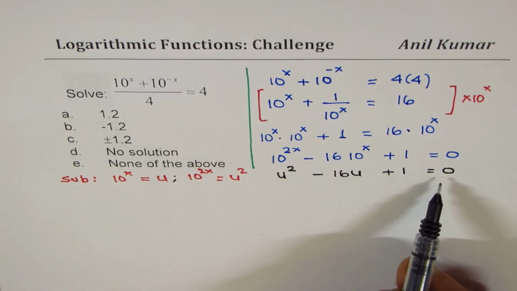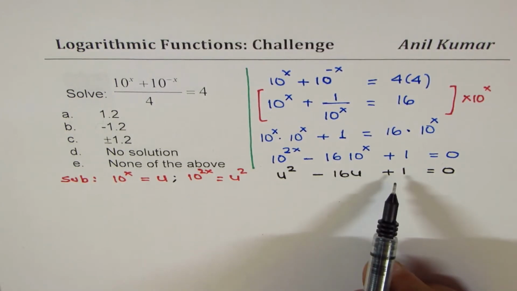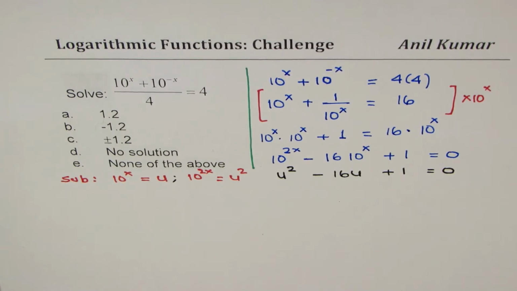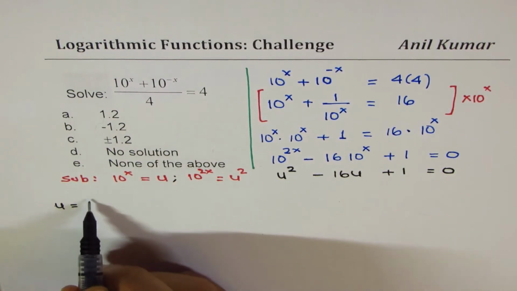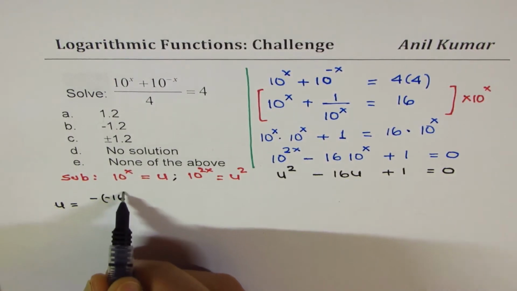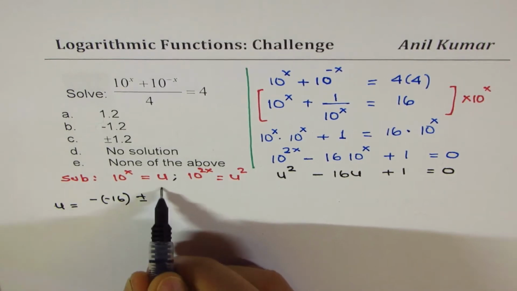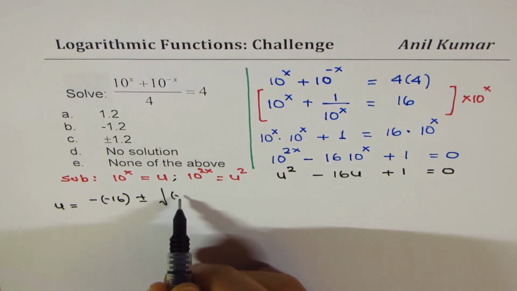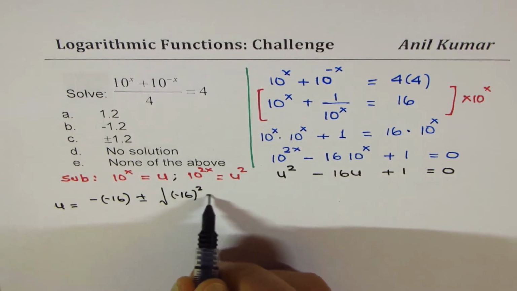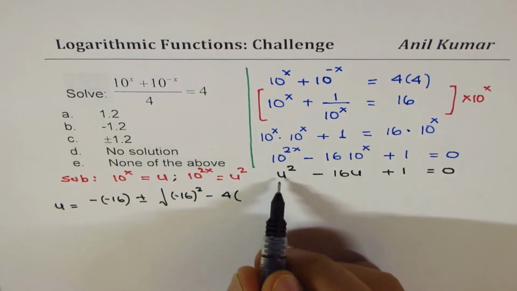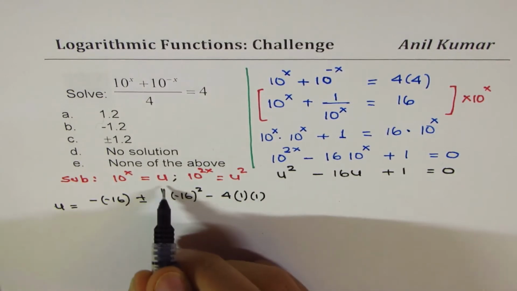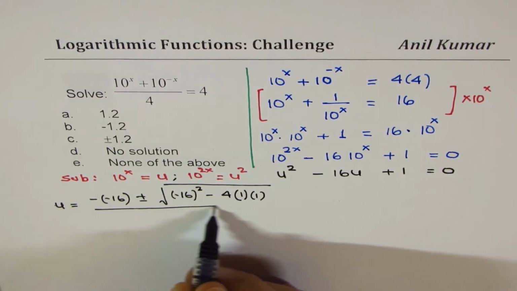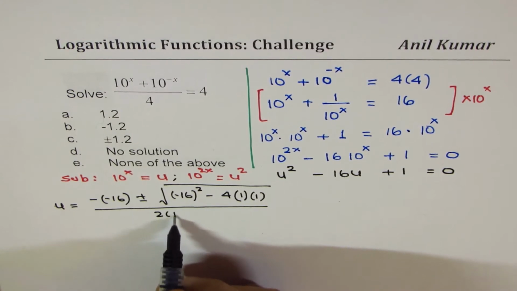Now this quadratic equation can be solved using the quadratic formula. So u equals minus b, which is minus of minus 16, plus or minus the square root of b square, which is minus 16 square, minus 4ac, where a and c are both 1, divided by 2 times a, which is 2 times 1.